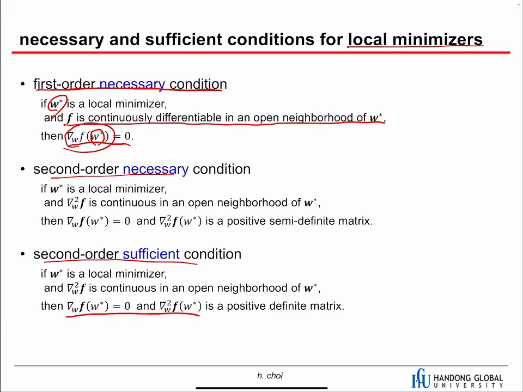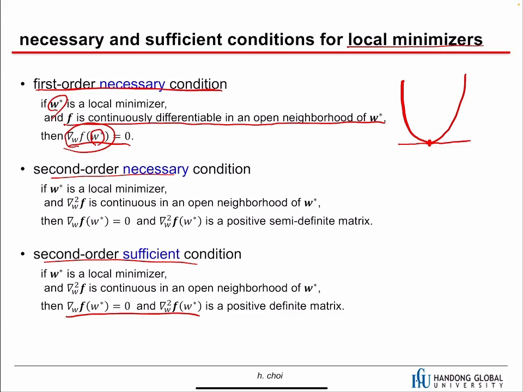That is necessary. If a function has a local minimum here, then at this point at least the derivative of this function should be 0. If it is a local minimizer, the gradient of this function should be 0.